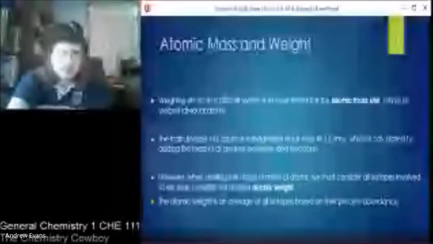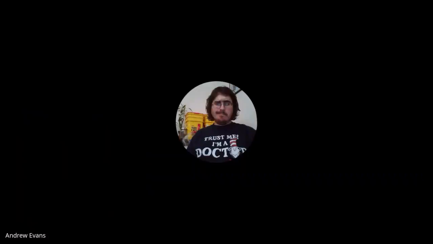For chlorine, instead of being 35, it's 35.4 or so, but that is taking into account the chlorine 35 and chlorine 37. So this atomic weight is the average of isotopes based on how many there are.